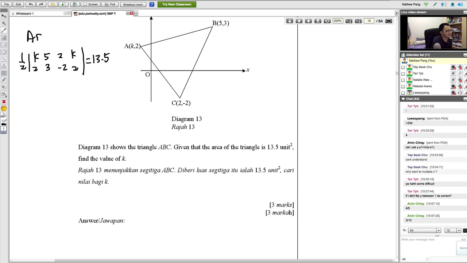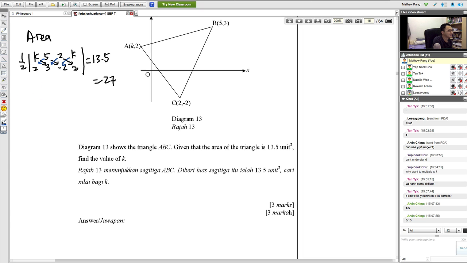Please make sure you understand this is the area formula for geometric coordinates. So I will move the 1/2 to the other side. I will get 27, and over here I will multiply like this first, and then minus, multiplying the other way. I hope you understand this one.